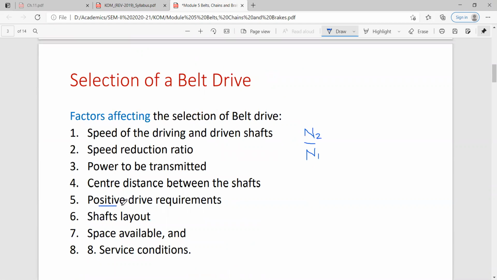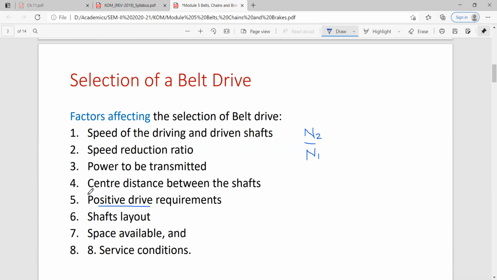Then the positive drive requirement: whether you are okay with the presence of slip between belt and pulley, or your application is very precise and you cannot afford slip, because it will affect the functional requirement of your drive.